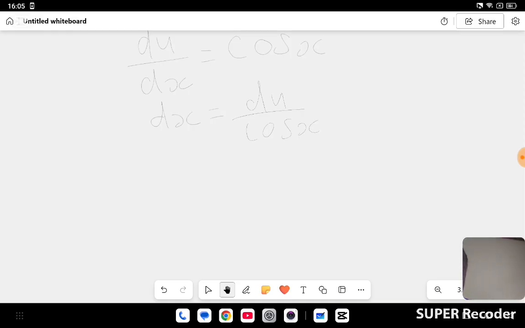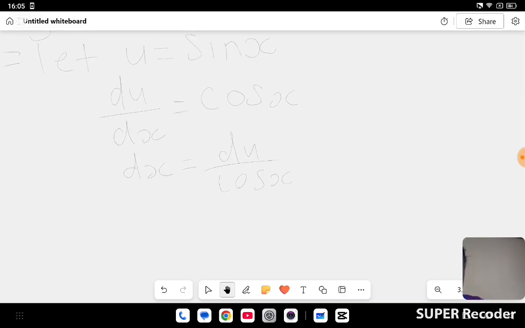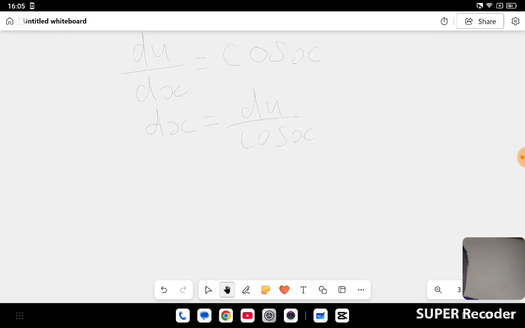Then let's substitute it back. The integration of u cube minus u to the 5 cos x multiplied by du divided by cos x.